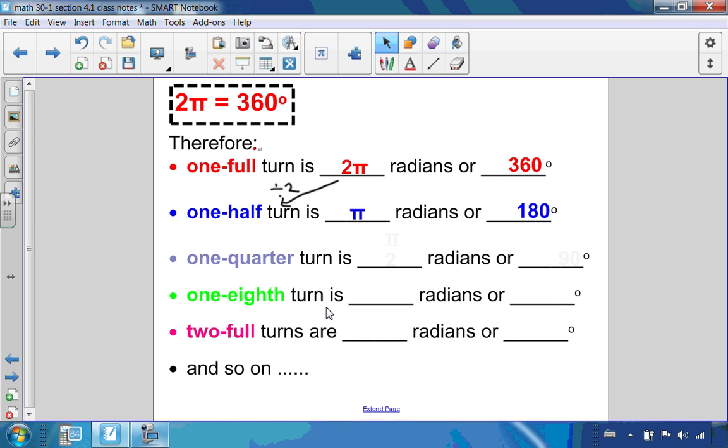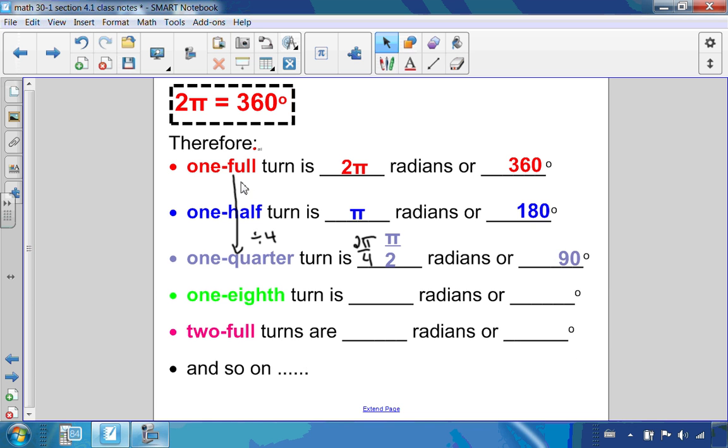Now I can also use this to say that if one full turn is 2 pi, well then to go down to a quarter, that's just dividing by 4. So 2 pi divided by 4 in lowest terms will be pi over 2. Similarly for the circle, in degrees, 360 divided by 4 is going to be 90 degrees.